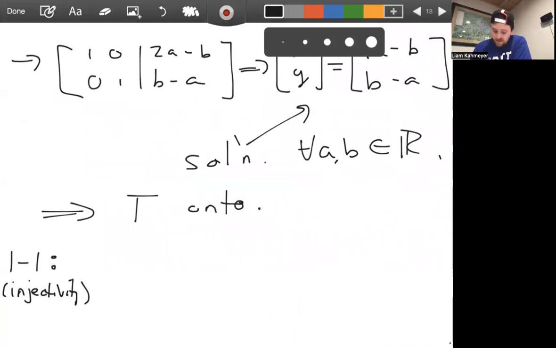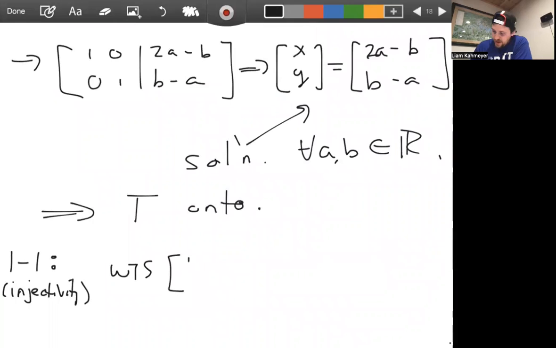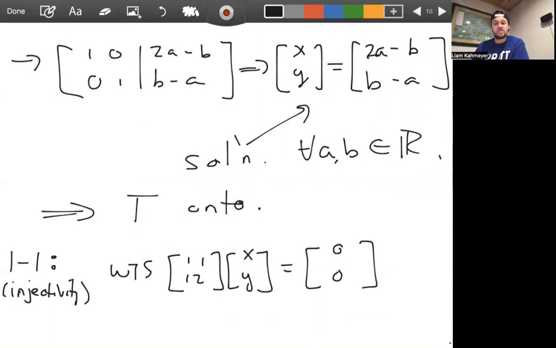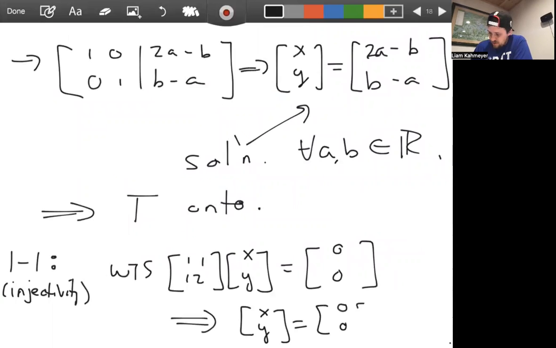So what would we need to set up? We would want to show that if we had [1, 1; 1, 2] times (x, y) equal to (0, 0), meaning the transformation of the point is equal to 0, then we need to show that this implies (x, y) equals (0, 0).